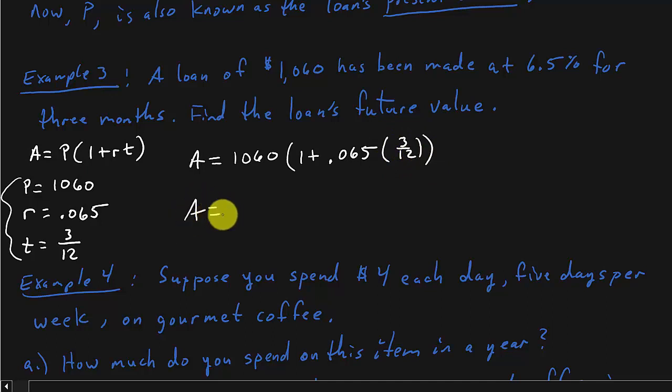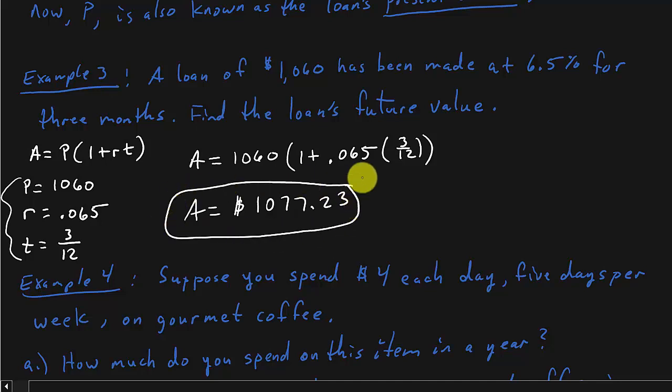And then we punch that into our calculator. And let's see, that is going to give us $1,077.23. Okay, so all this is just like calculating the interest and adding it to the principal. That's all that is.